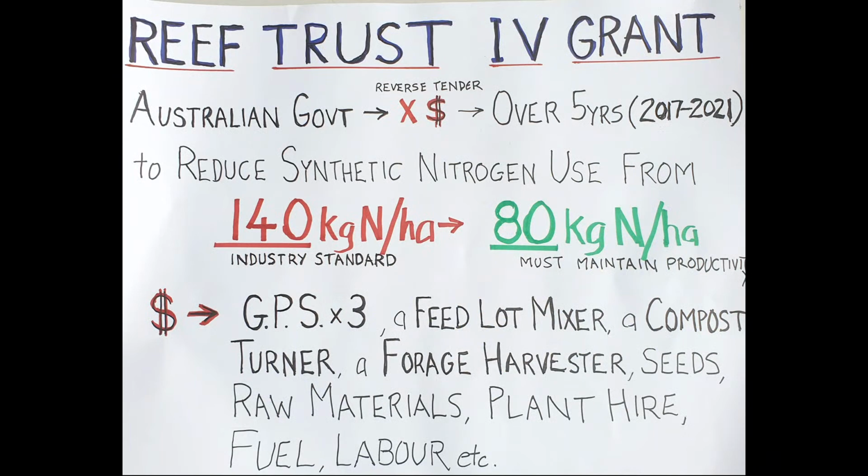Now, the thing that sort of got us interested in it all was we'd started doing courses with David Hardwick, Digging Deeper, and we came across a Commonwealth grant. It was the Reef Trust grant. Oh, yeah. Look, here I'll just point out that's sort of a North Queensland wet tropics industry standard.